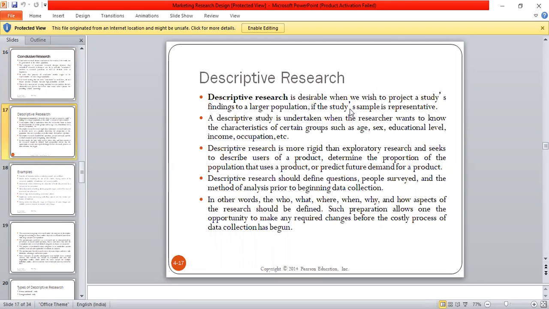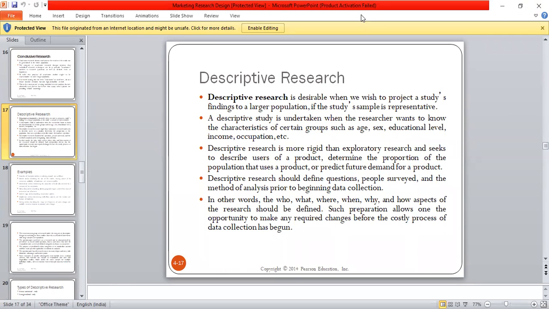Conclusive research firstly includes descriptive research, which is concerned with studying the findings of a larger population, if the study sample is representative. A descriptive study is undertaken when the researcher wants to know the characteristics of certain groups. I have shown you the questionnaire earlier.